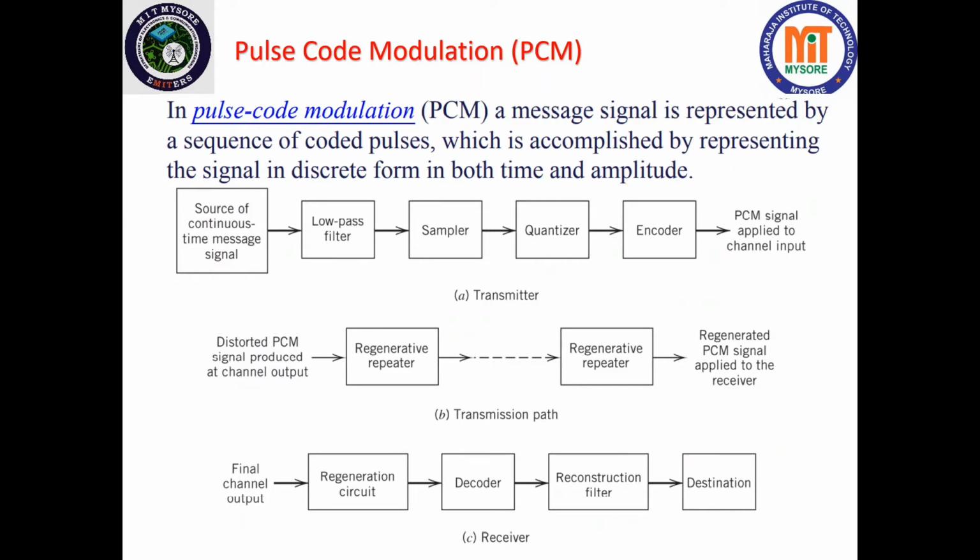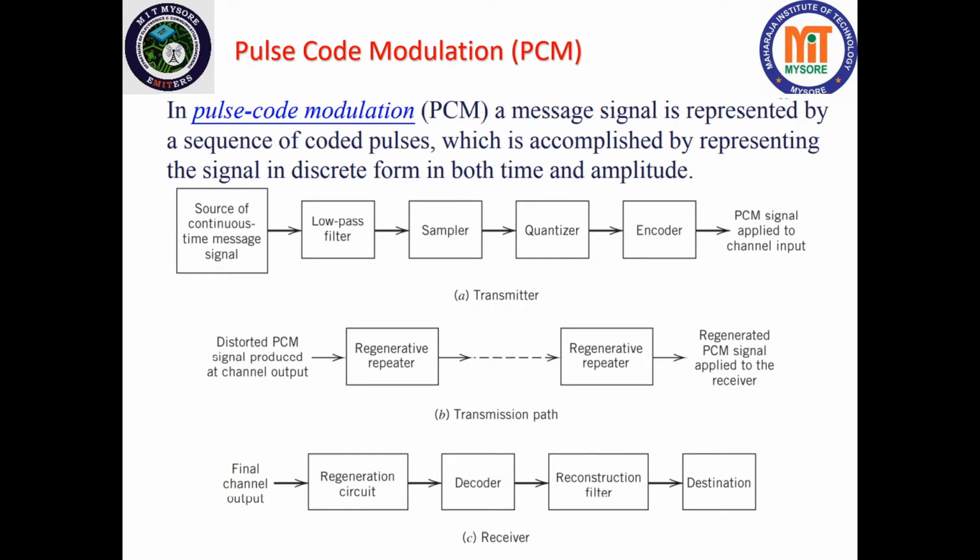After that the signal is put onto the channel, where the channel carries the digital encoded signal. As the signal goes through the channel, it gets attenuated or affected by the surrounding environment of the channel, and it degrades in strength.